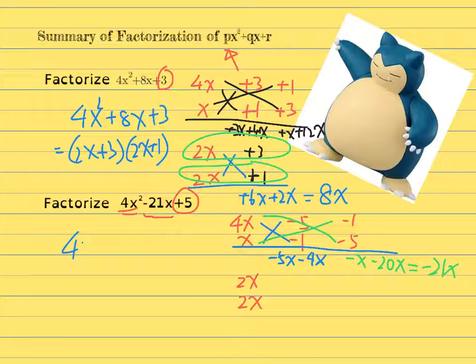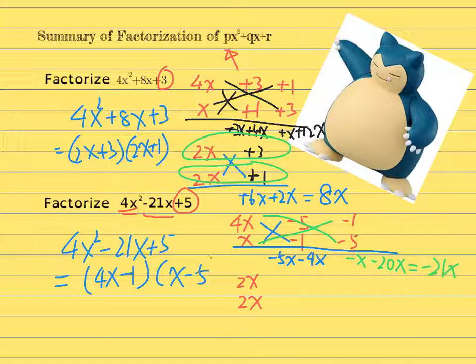So 4x² minus 21x plus 5, you can get 4x minus 1, and then times x minus 5, as our final answer. So you do not need to check the second set, okay? Only one of them can make the answer.